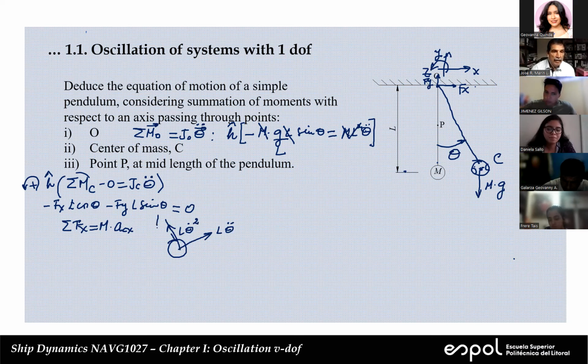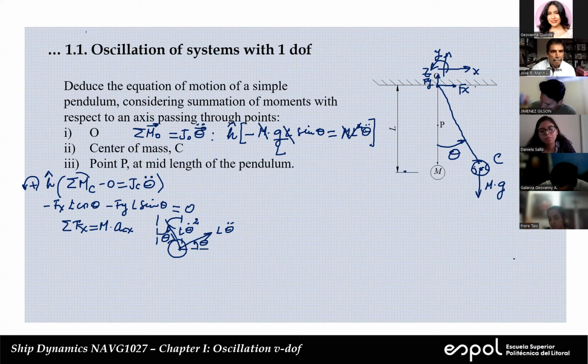Here, this is theta. This is perpendicular to that, and this is perpendicular to that, so this is also theta. And in the vertical, if I put this axis here, this is also theta. So we have components.